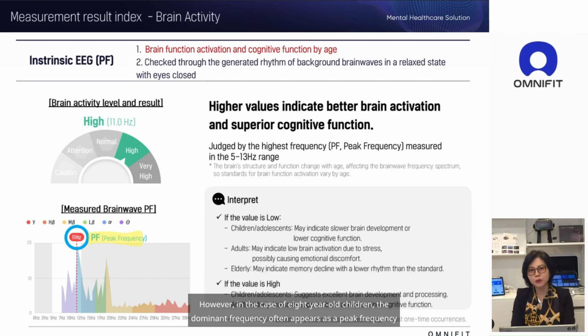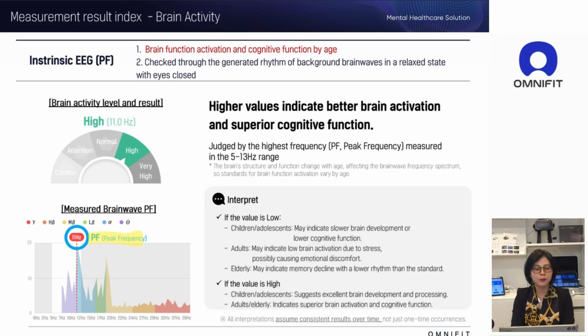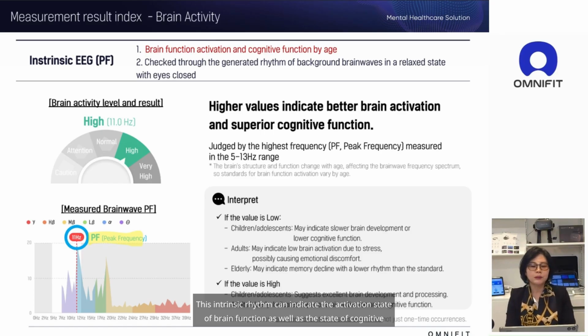However, in the case of 8-year-old children, the dominant frequency often appears as a peak frequency around 8 Hz, which corresponds to the theta power range. This intrinsic rhythm can indicate the activation state of brain function as well as the state of cognitive function.